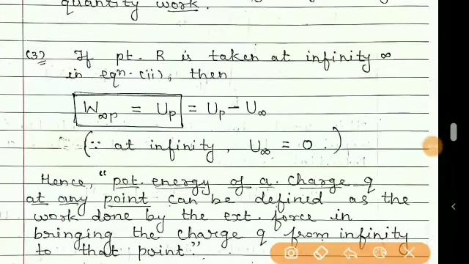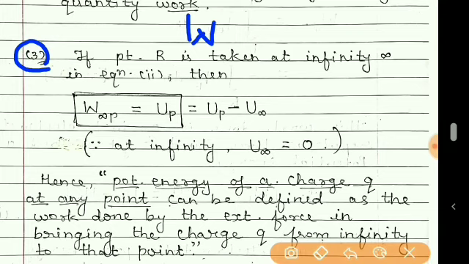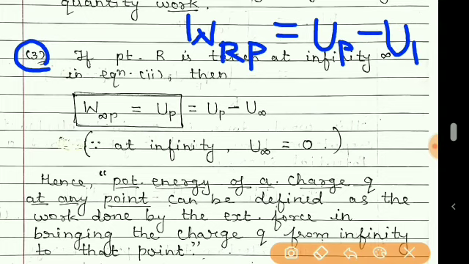Now about this third point, we have obtained the equation of work done from R to P, and that is obtained as UP minus UR. This was the equation we obtained for the potential energy difference.